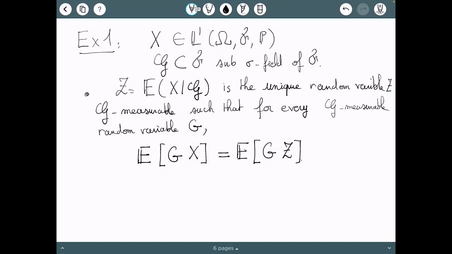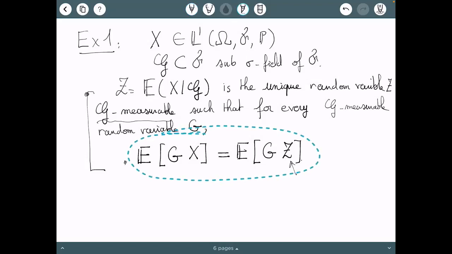We'll see in the exercises, but you have to know this definition. The definition is the unique random variable which is G measurable. Of course, it is very important to be G measurable, because otherwise I could take Z equal to X in the definition, and this equality would be trivially satisfied.